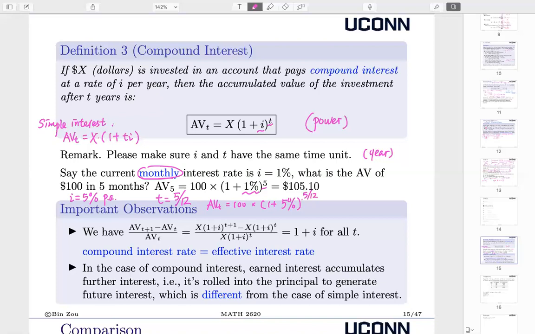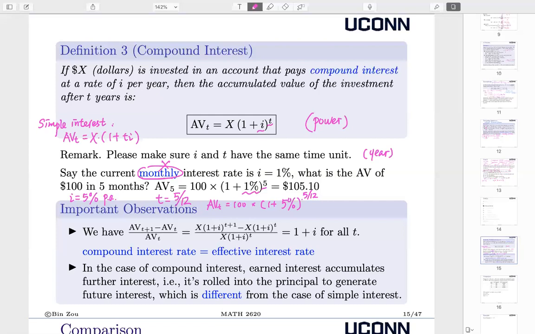So just remember the interest rate and time T should be quoted in the same unit. If not, you need to do the conversion, okay? By the way, this is not common in this course. It's rare that I will give you a monthly interest rate, so here it's only for illustration purposes.